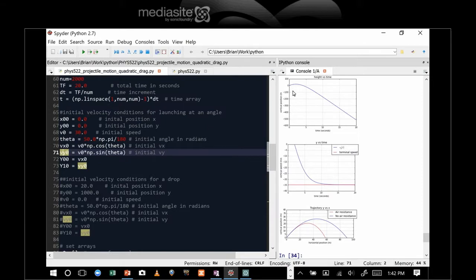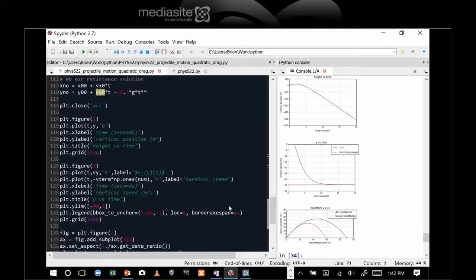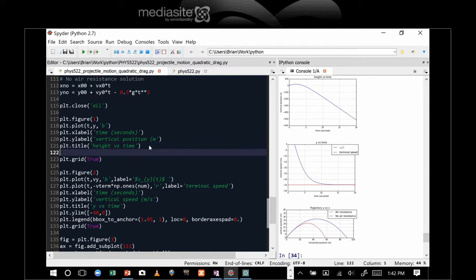So here we see the height as a function of time. Obviously, it goes up and hits the ground pretty quickly, much quicker than before. Let's actually rewrite this. So let's see, 5 seconds. Let's plot that one there. That is figure 1. And what I'm going to do there, for height versus time, is say plt xlim from 0 to, say, 5.